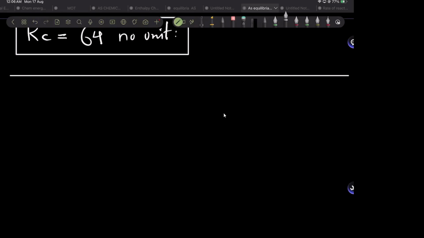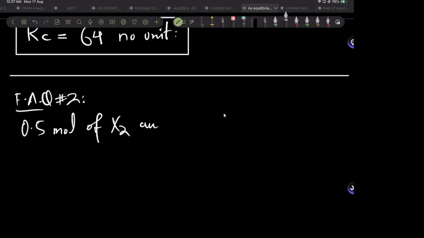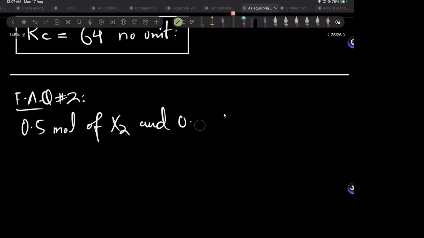Now let's do another question. Question says 0.5 moles of X2 and 0.5 moles of, let's say, Y2.